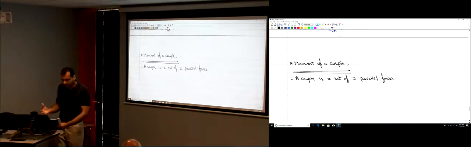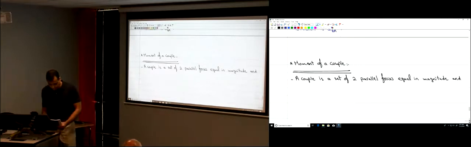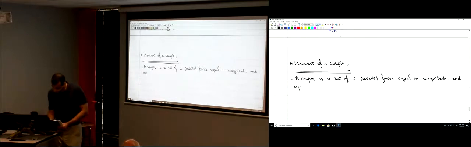They have to be parallel. This is the definition, okay? Equal in magnitude. They have to be equal in magnitude, by definition, and opposite in direction.